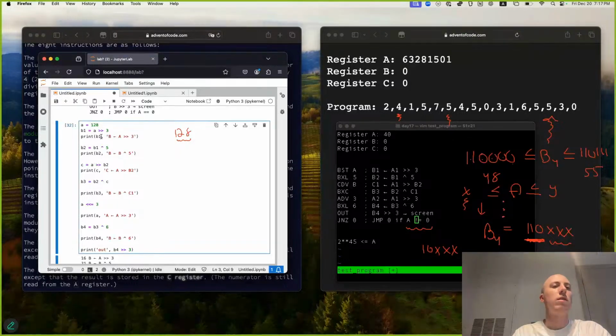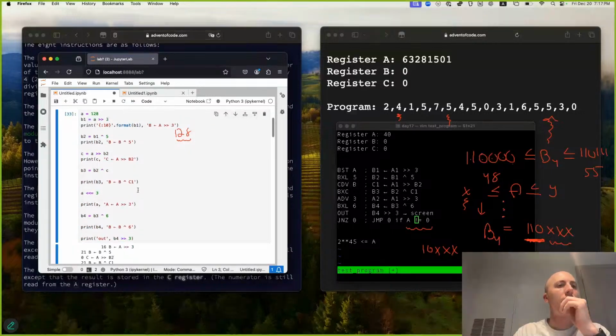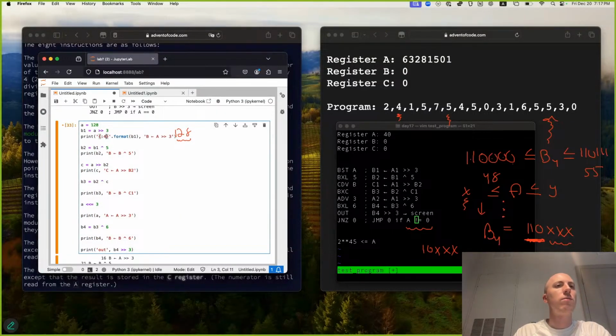Could do this thing. I think it's like this format. Yeah. Do 4.